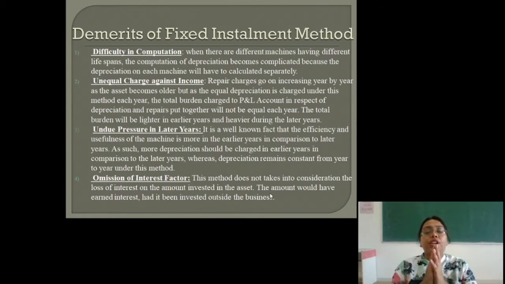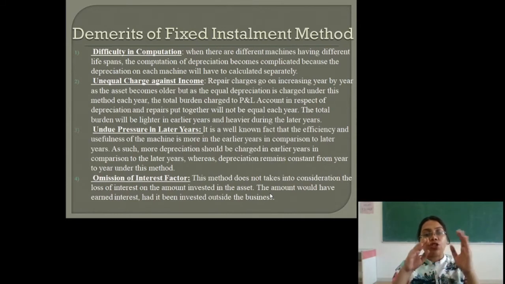The repair charges for that machinery go on increasing year to year as the asset becomes older. But we know that equal depreciation is charged each year under this method.